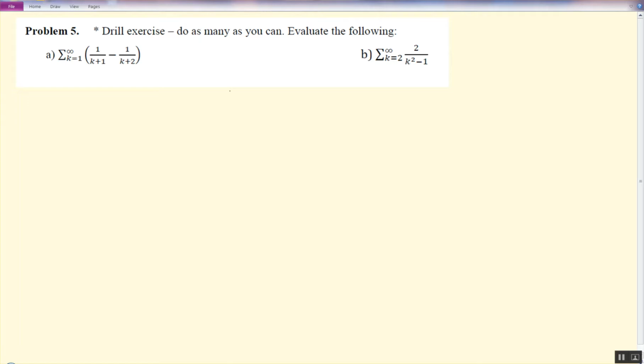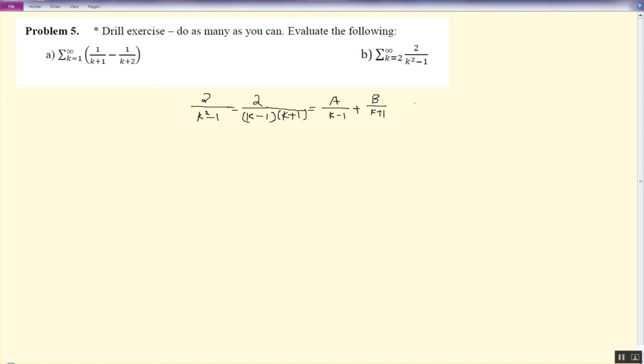To begin with that, you want to factor the bottom into linear factors, right? k minus 1 times k plus 1. And then you need to look for a and b so that this is equal to a over k minus 1 plus b over k plus 1.